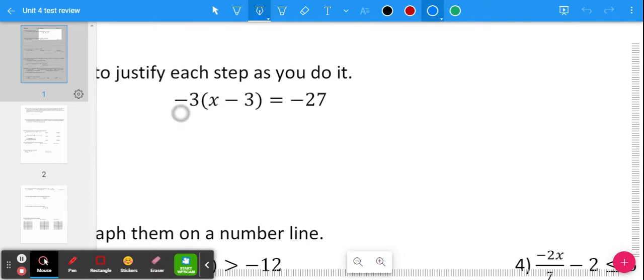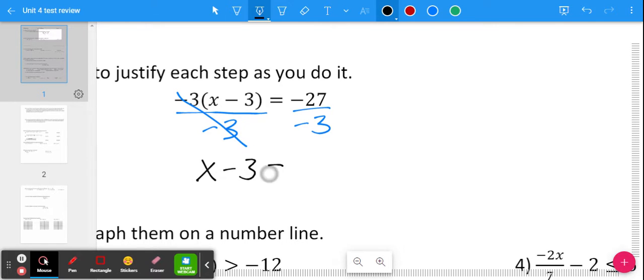So the first step you could do is to divide both sides by this -3. That takes care of the -3 on the outside and leaves you with x minus 3 equals -27 divided by -3 is positive 9. So that would be your division property of equality.